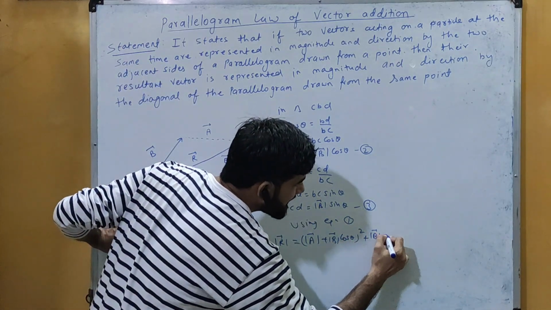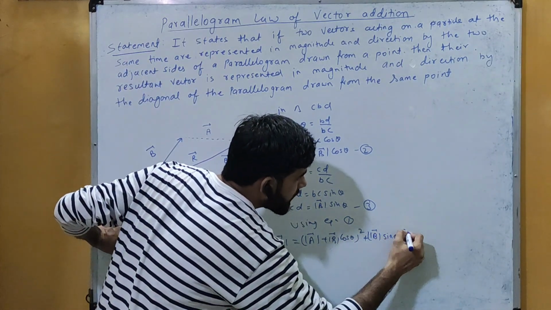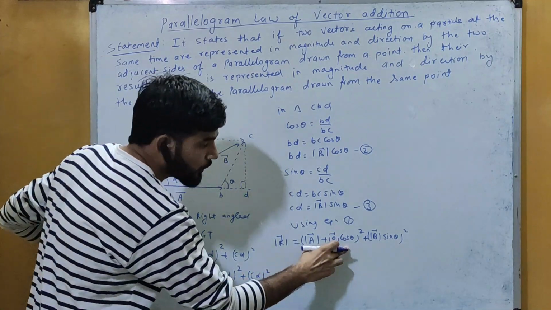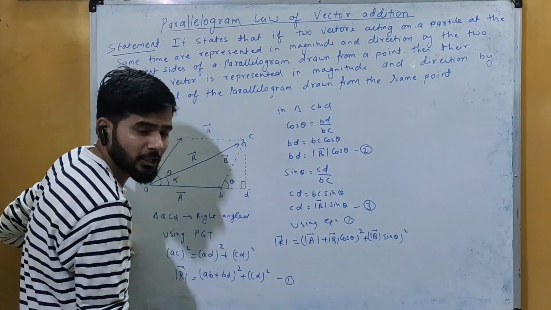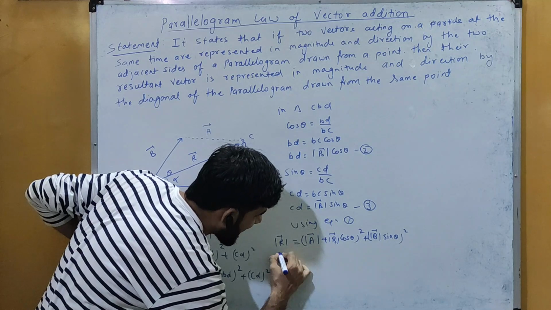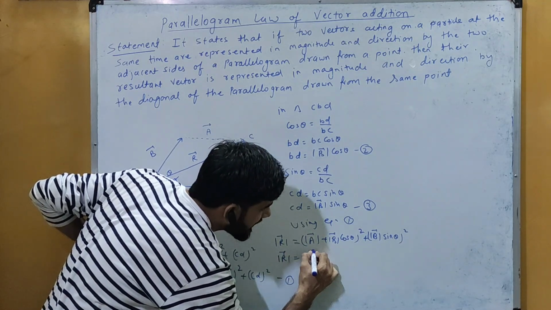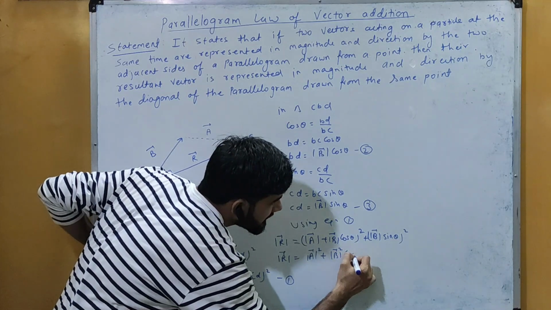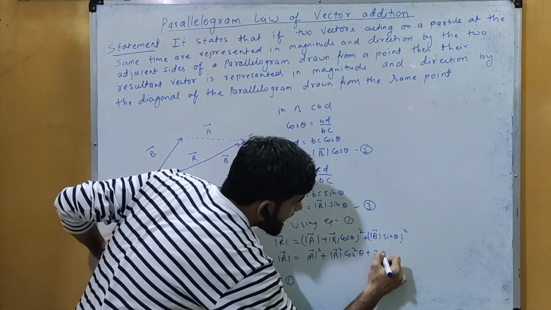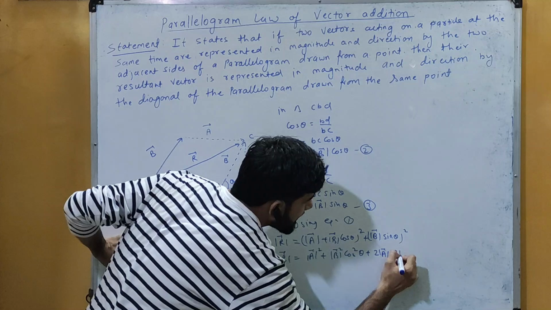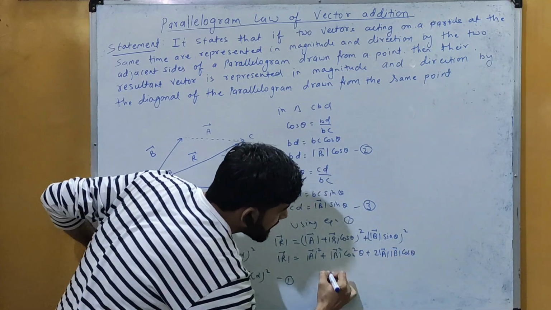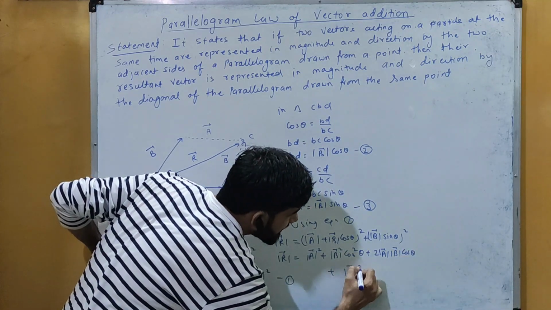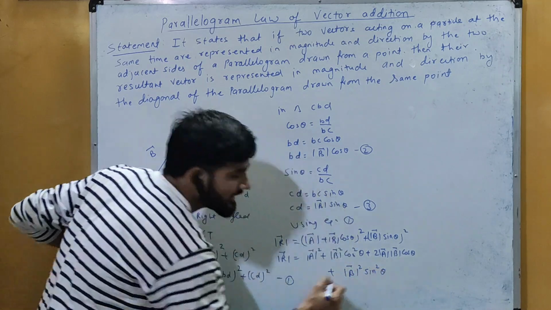So I can write B sin theta whole square. Okay, now I will open this bracket, that is A plus B cos theta whole square. So I can write here R square is equal to A square plus B square cos square theta plus 2AB cos theta plus B square sin square theta.